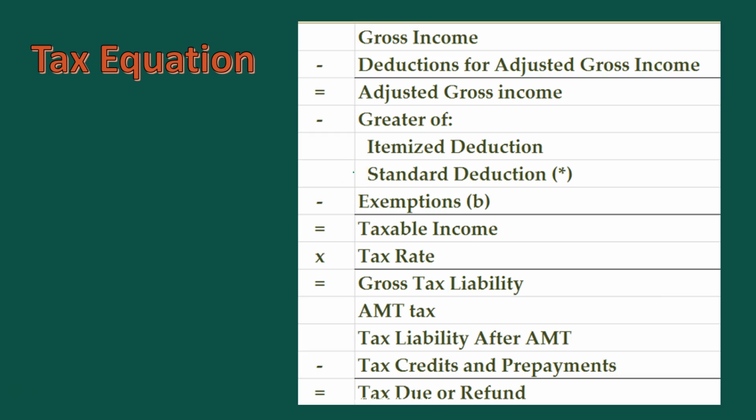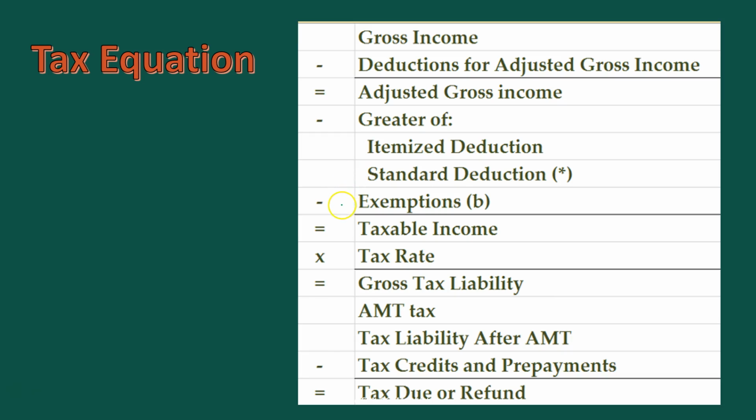Remember always that deductions are good for taxes. Unlike our financial statements where we like income and we don't like expenses, on the taxes, we don't really like to include income, and we would like to have a lot of expenses, in this case called deductions, in order to reduce our taxes so that we would pay less tax on the taxable income.